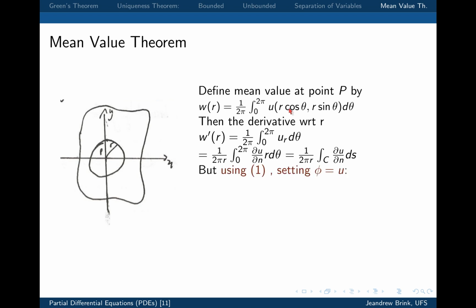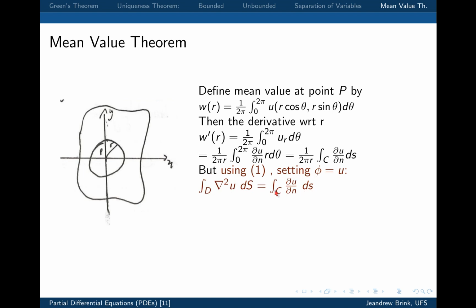So what I'm going to do now is specialize to surfaces that obey Laplace's equation and work out what happens to the mean value in that case. Remember, on the first slide we had that expression 1, where we placed A equal to the gradient of phi, and here I'm going to simply say that phi is u. Then what we got from our divergence theorem was that the integral of the Laplacian of u ds is equal to du dn on the boundary.